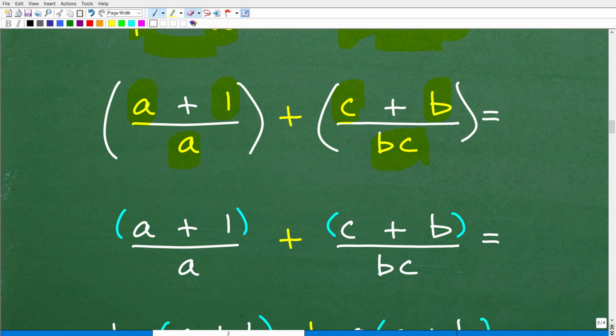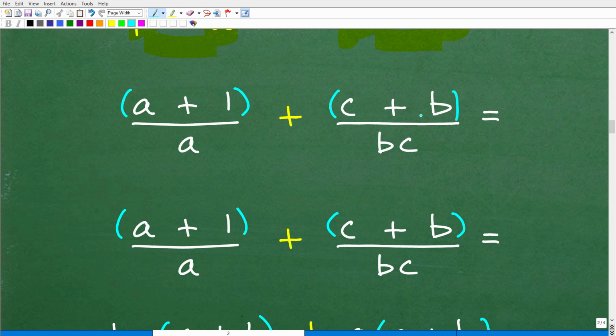Now, one thing I want to caution you about in algebra. Anytime you have a sum or difference, some sort of expression like c plus b or a plus 1, it's always a good thing to put grouping symbols around these expressions.